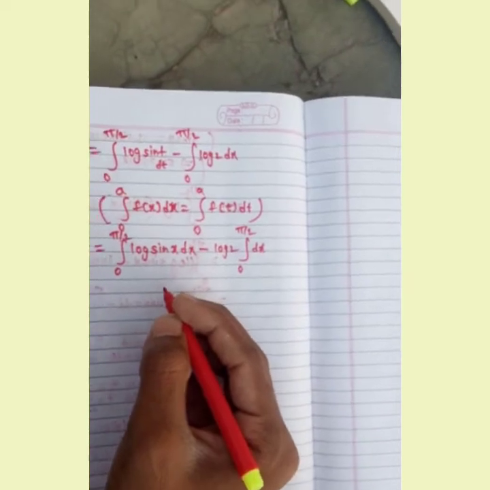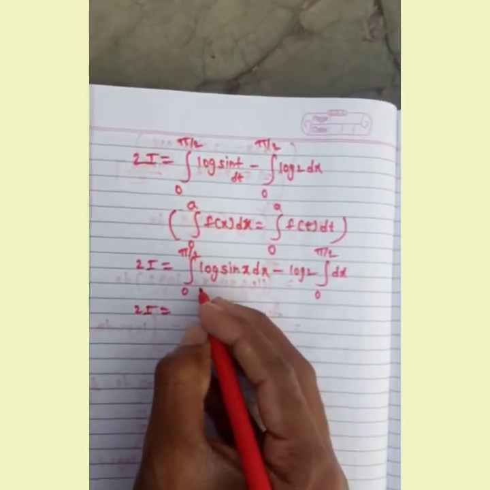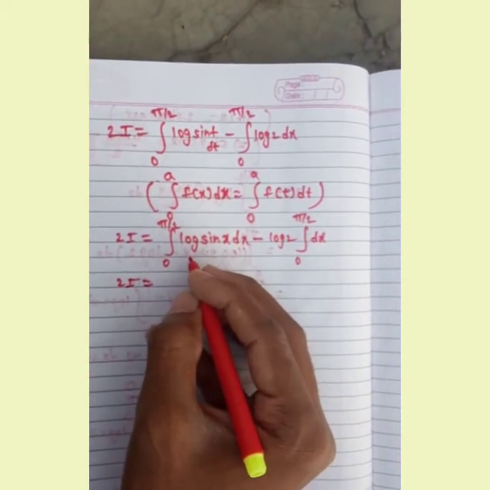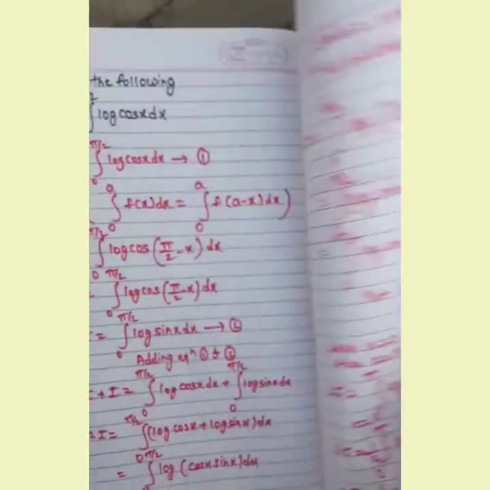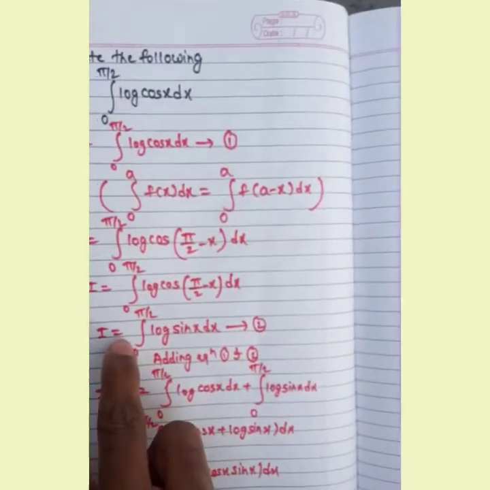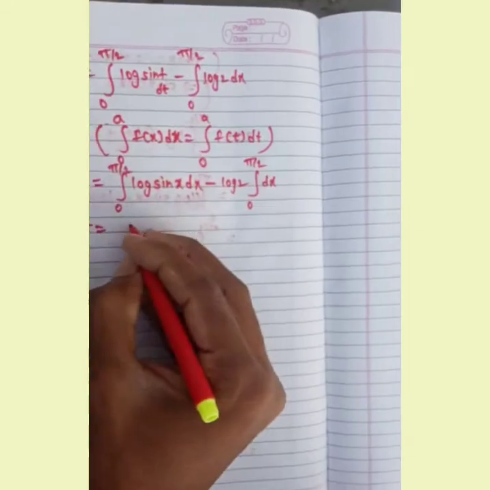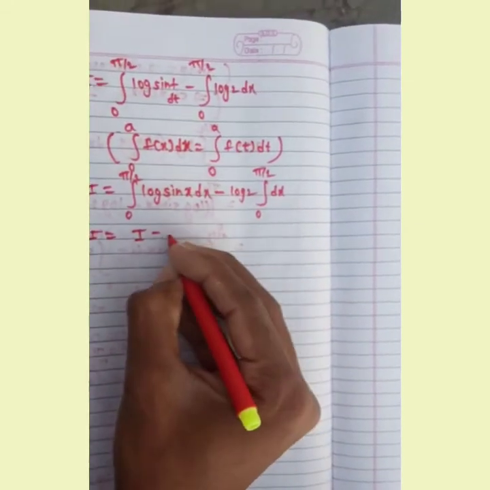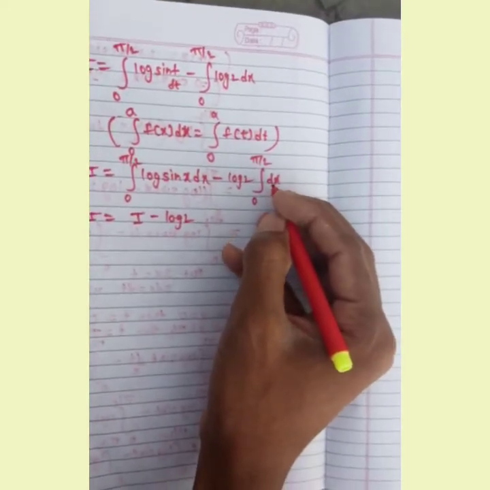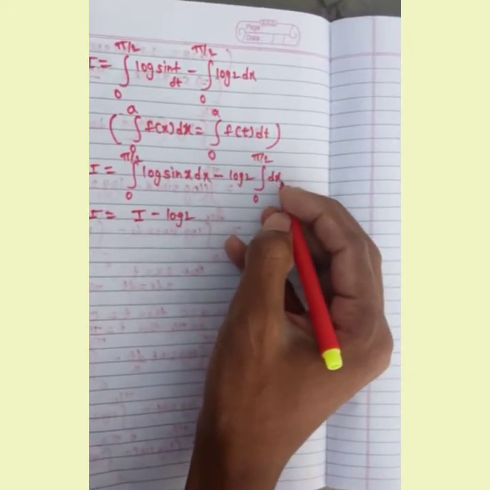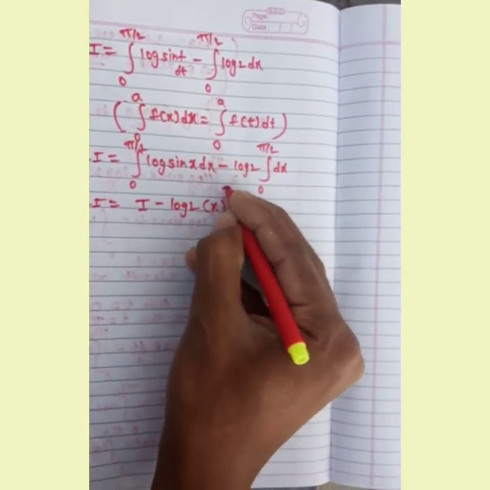Now this integration from 0 to pi by 2 of log sin x dx is equal to our equation number two, so its value is I. So I minus log 2 into integration of dx, that is x from 0 to pi by 2.